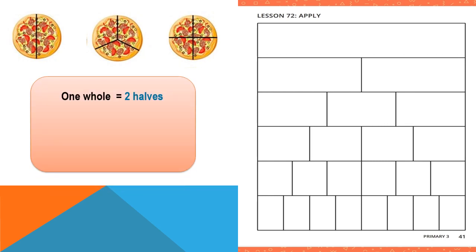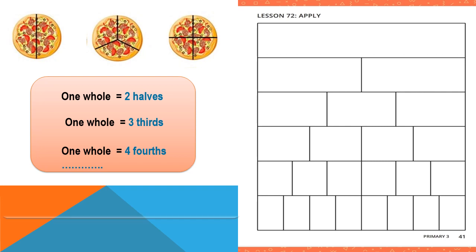So the one whole contains 2 halves, as we said here. And the same one whole contains 3/3, 4/4, and so on. So how many fifths in one whole? 5 fifths, 6 sixths, 7 sevenths, 8 eighths, right?